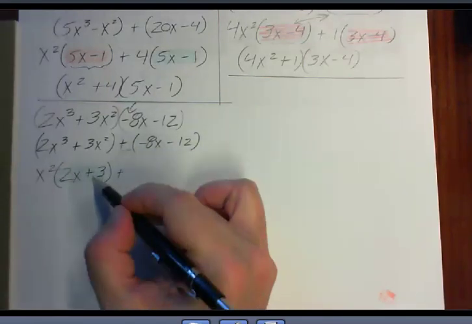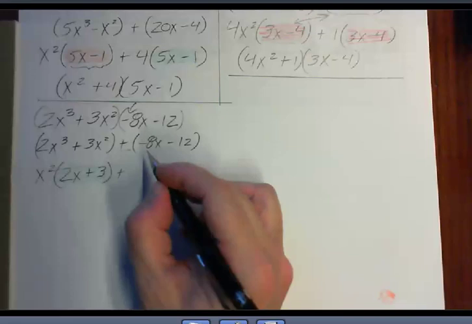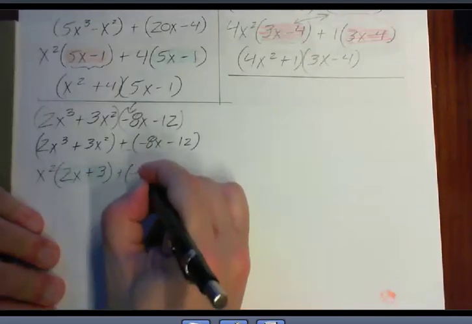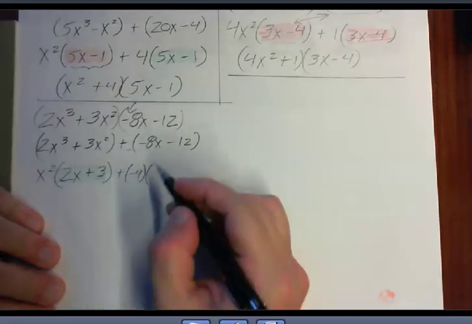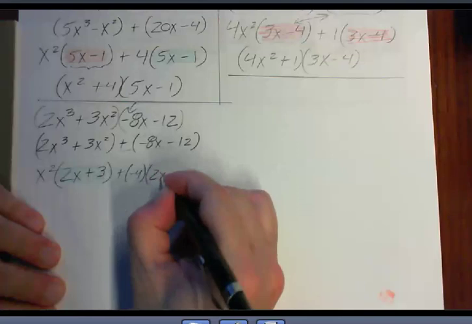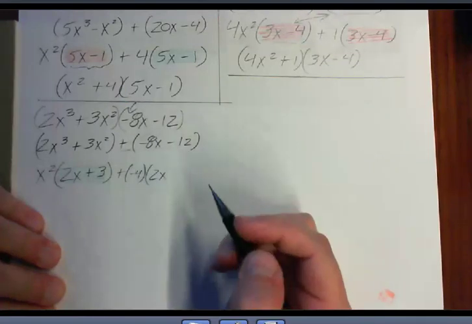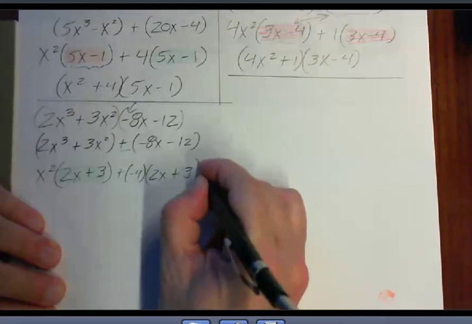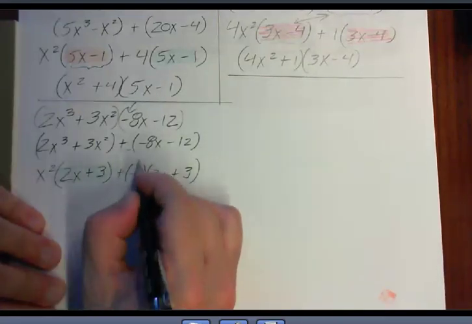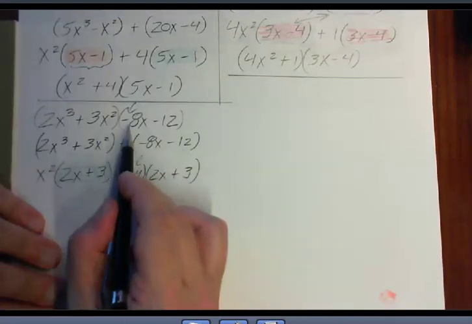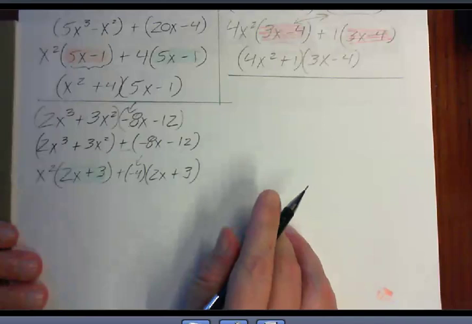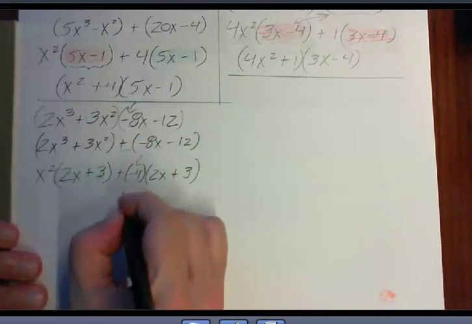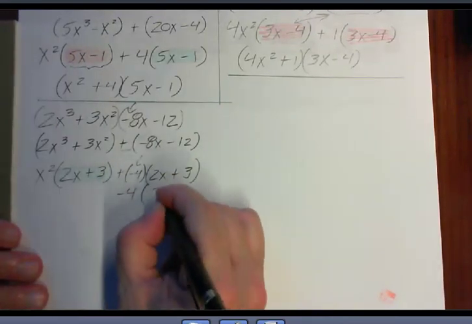I need it to say 2x plus 3. So instead, I'm going to factor out a negative 4. Because negative 4 times 2x would give me negative 8x. And negative 4 times a positive 3 would give me negative 12. So be real careful on your signs when you have the negatives over here. All right, plus a negative 4 is the same thing as minus 4.